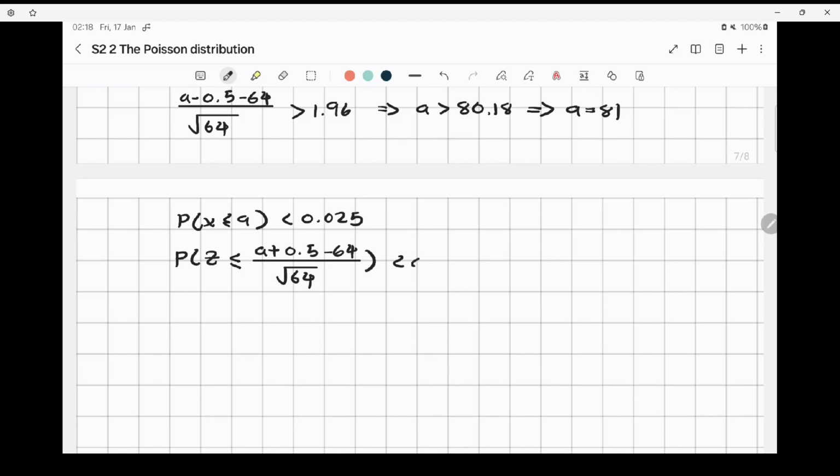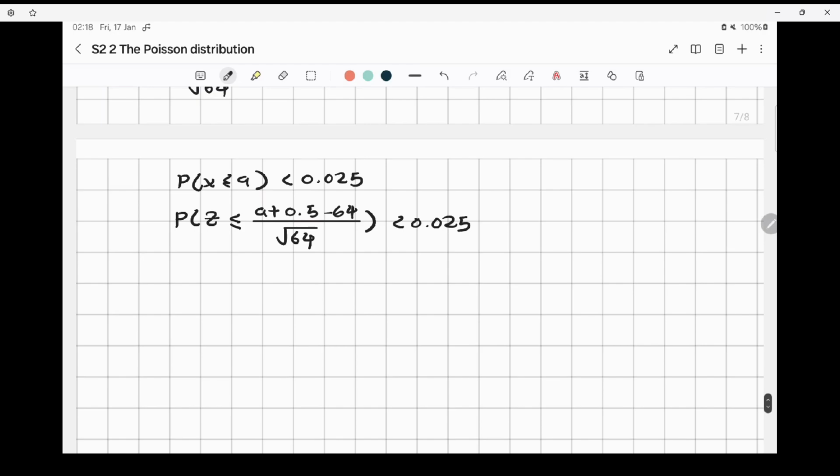So this is smaller than 0.025. So now you know that your a has to be here. So your a is negative basically.